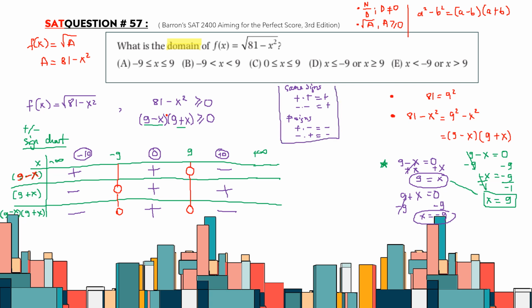Now the question we want to solve is where the left-hand side, this product, is greater than or equal to 0. So any value of x that makes the product equal to 0 or greater than 0, positive or equal to 0.